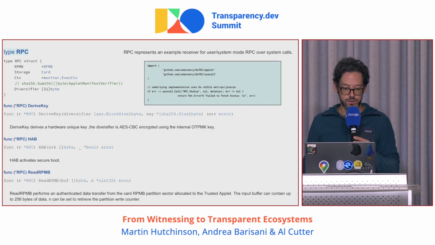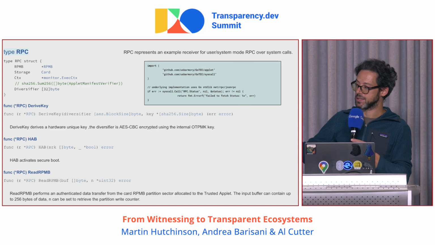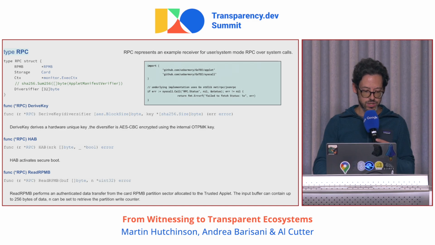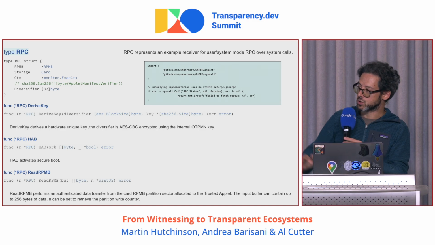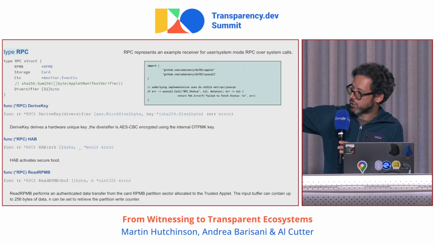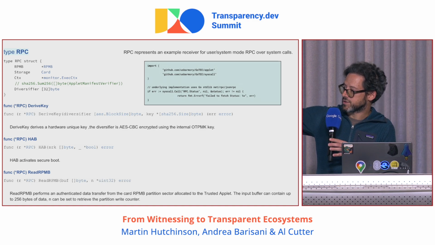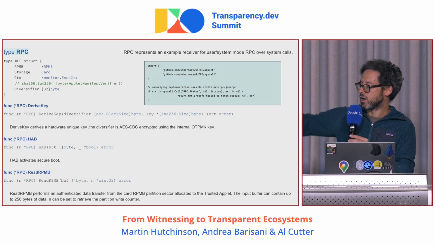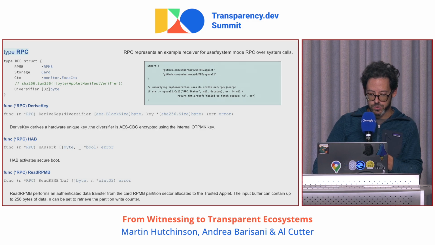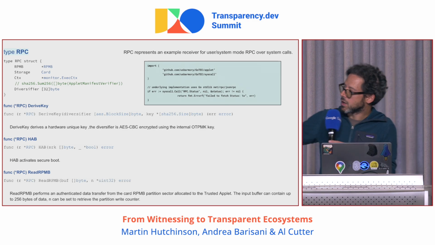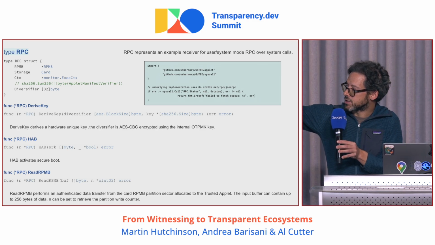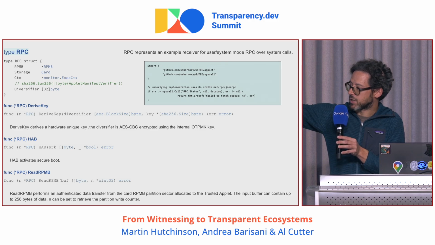We didn't have to invent much, just pass this buffer and the length, and the rest is just done with JSON-RPC. So the OS defines the functions for key derivation, checking if secure boot is enabled, or reading from the MMC, and these functions can just be called like regular RPC calls from the applet.